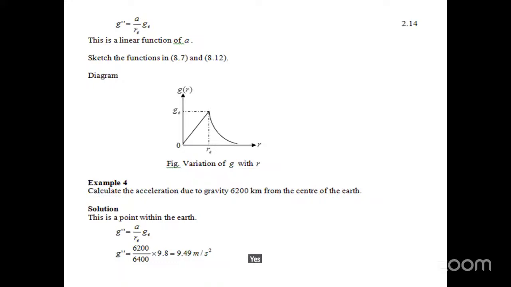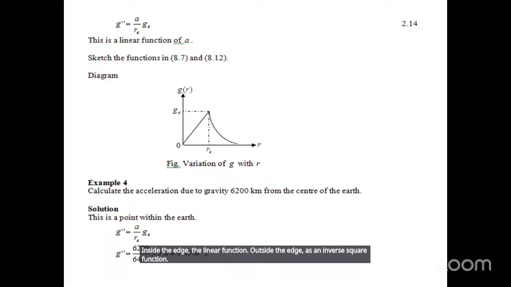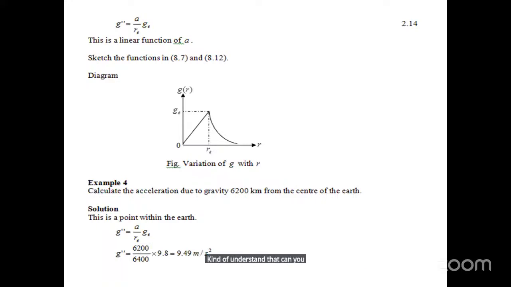The sketch of the functions is in the next figure. Inside the Earth, it's a linear function. Outside the Earth, it's an inverse square function. Can you see that? You can see between 0 and Re, it's a linear function.